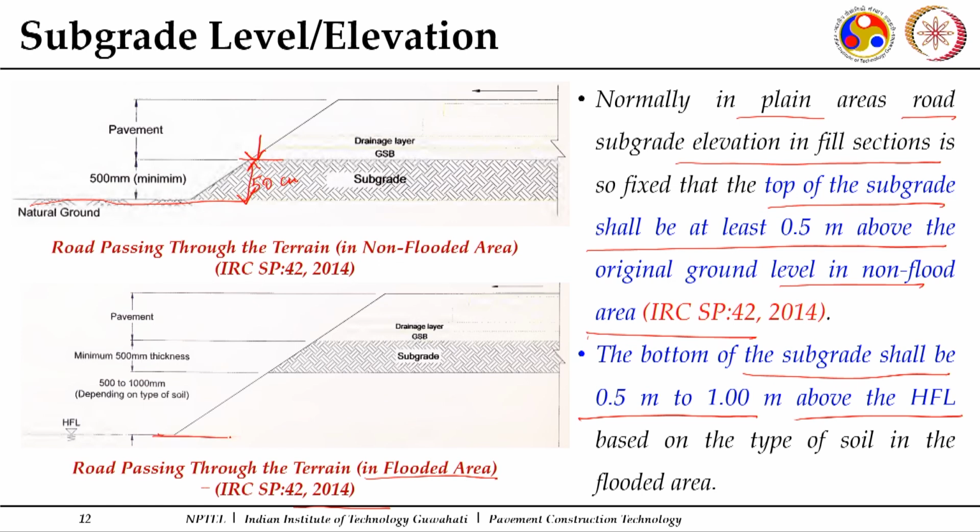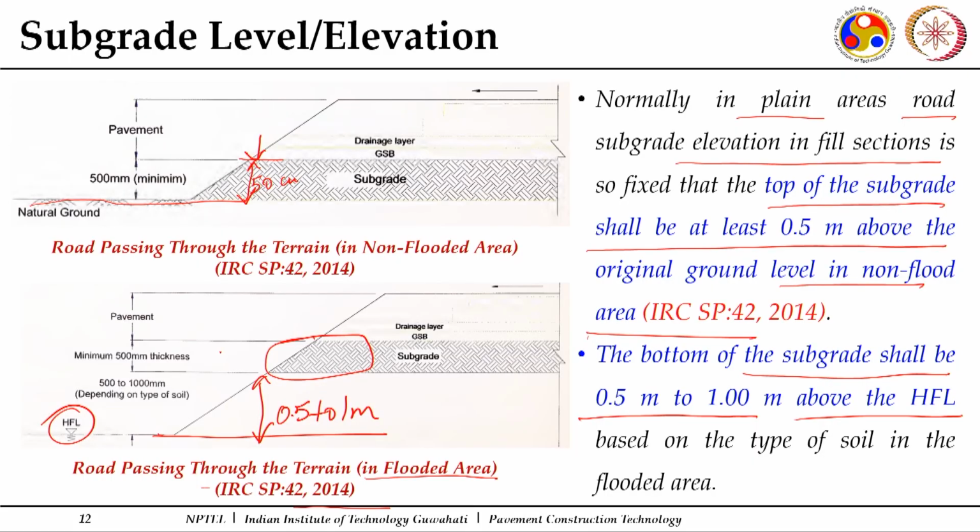If the subgrade does not get affected, it does not damage your pavement structure or reduce its stability. So the level at which a subgrade is constructed is very, very important.